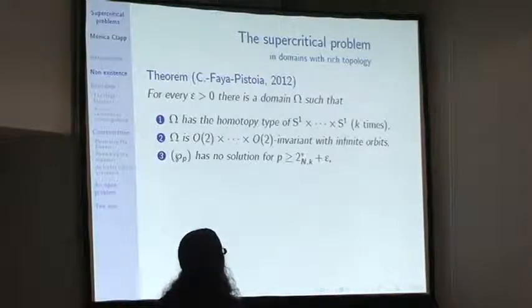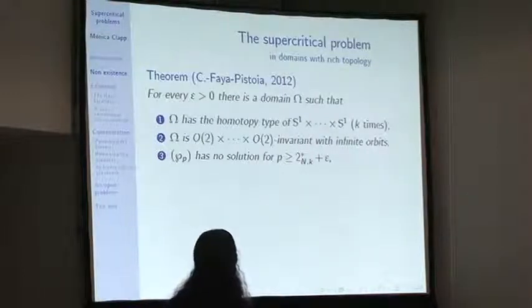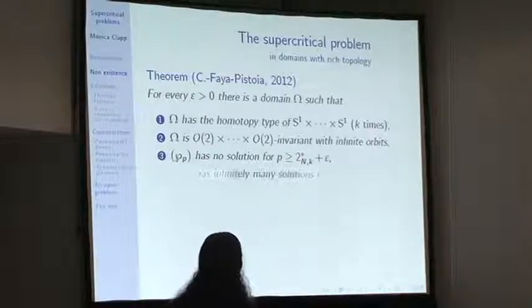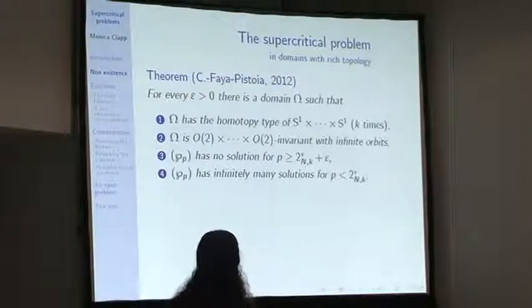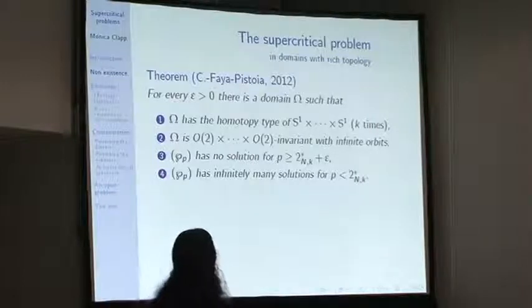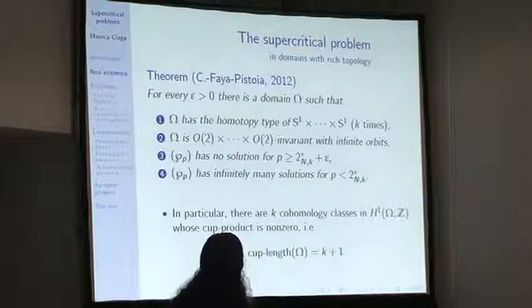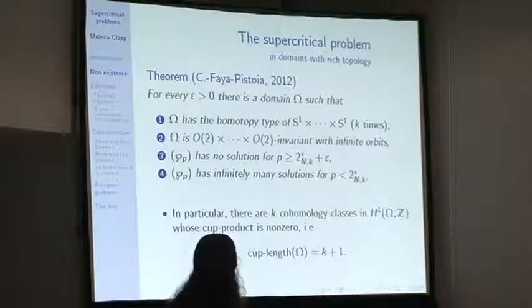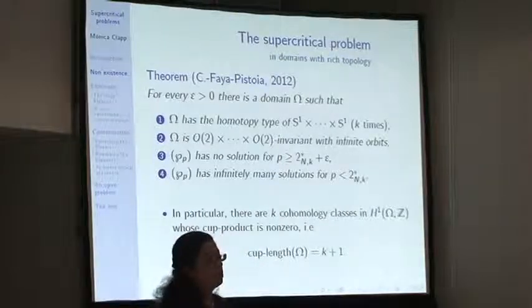The result is not as good as that of Passaggio because we have this epsilon, but still it doesn't have solutions above that level. And it has infinitely many solutions for p smaller than the (k+1)-th critical exponent. In particular, note that the topology of this domain is quite rich, because we have k homology classes in omega whose cup product is non-zero. So its cup length is very large. It's k+1.